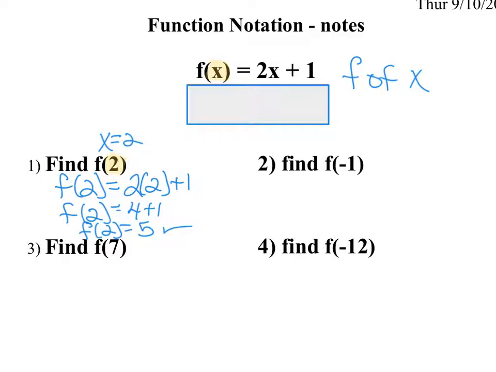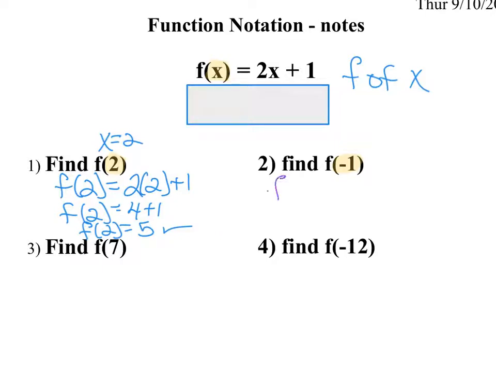In number 2, we're going to use the same equation as we just did, but I have to find f of negative 1. So this time, I'm going to plug in a negative 1 for x, but I'm going to follow the rest of the same steps.